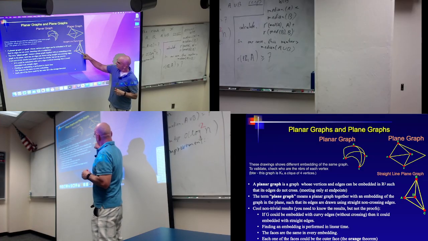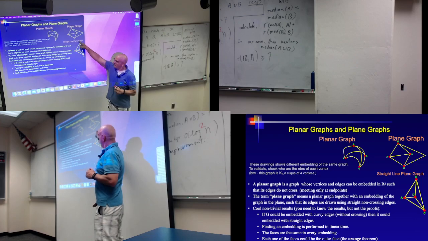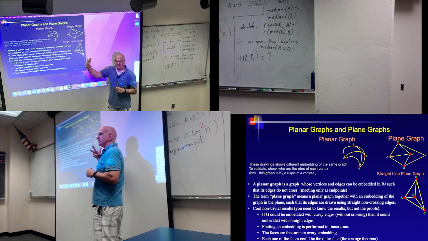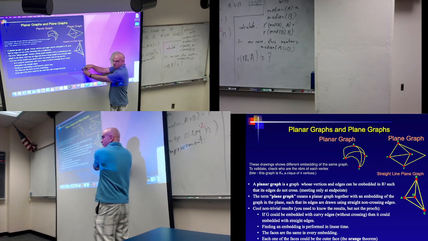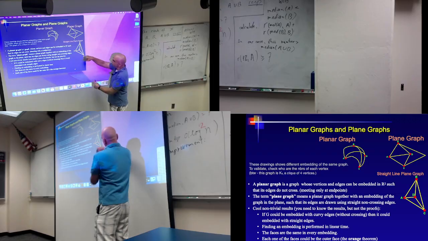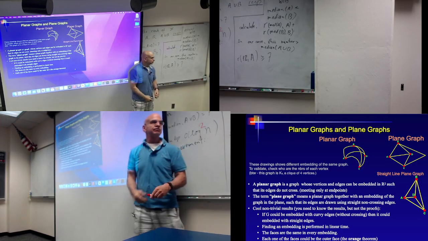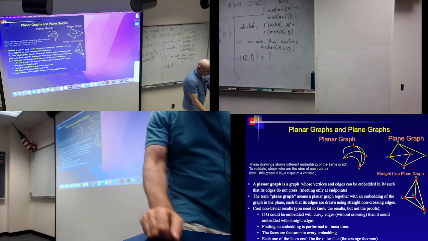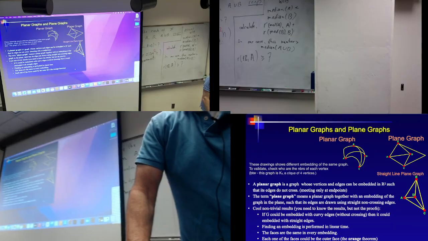Now, here you see 4 faces of this graph, right? One of them is the outer face, remember? What does it mean for 2 points to be in a face? 2 points are in a face if I can start from one point and go to the other and I don't have to cross any edges. These 2 points are in one face, the other one was in another face, and so on.